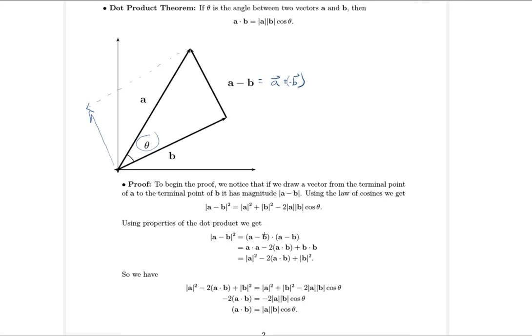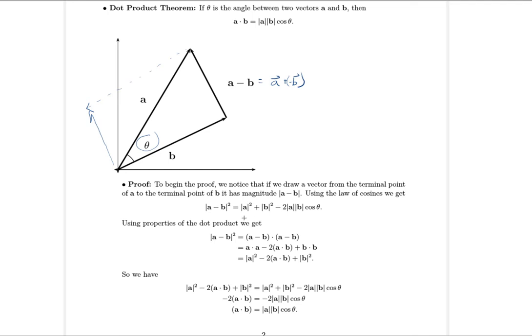All right. And then on the other hand, you can also think of it like this. The magnitude squared we know is something dotted with itself, and with that I can FOIL things out. So if I FOIL out, I get the magnitude of a squared, magnitude of b squared, and then the middle of this, minus 2ab.